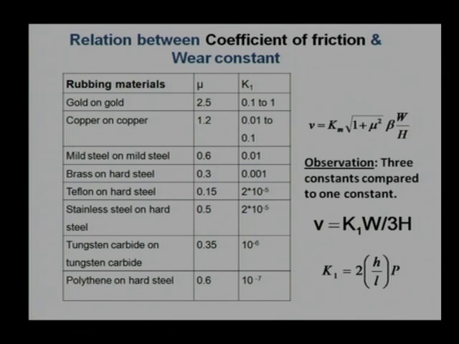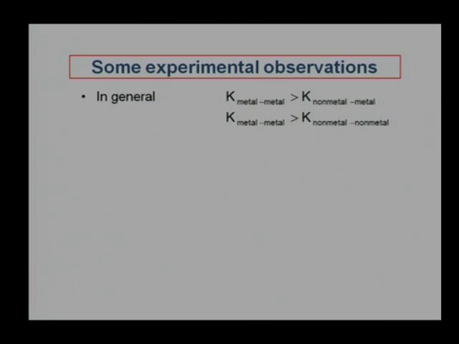Again my recommendation is we use this equation if you are thinking about one operating condition, and you want to operate some machine components and test that; this is a good option. Now, some interpretation based on experimental results.